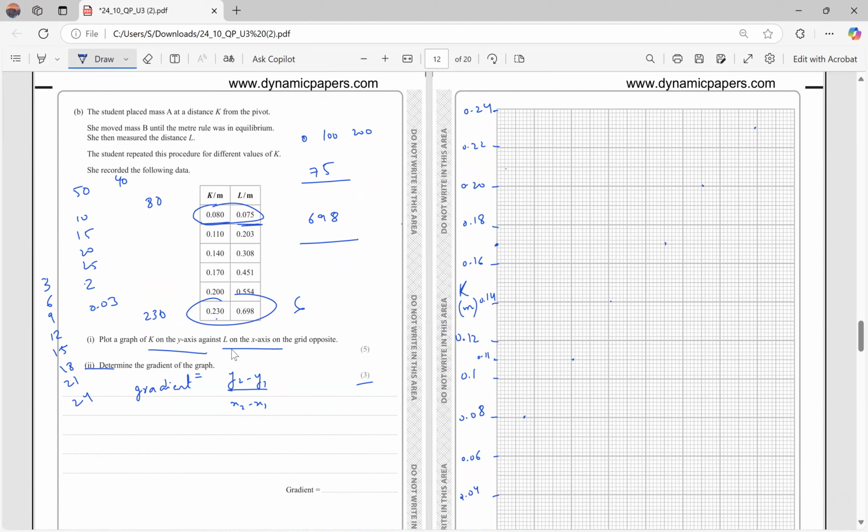So on y we have k and on x we have L. So 0.230 minus 0.080 divided by 0.698 minus 0.075. For the gradient, remember that you cannot choose points that are too close to each other. Your points must be at a reasonable distance from each other.